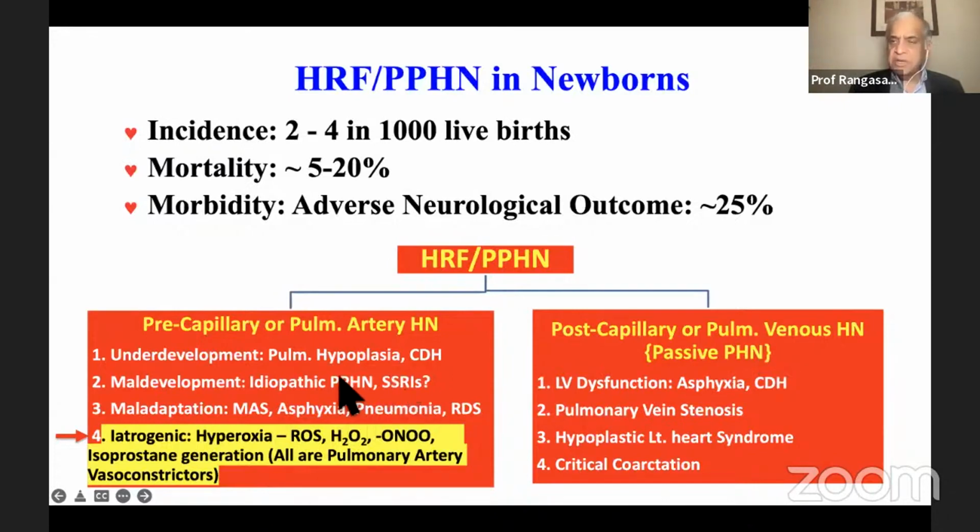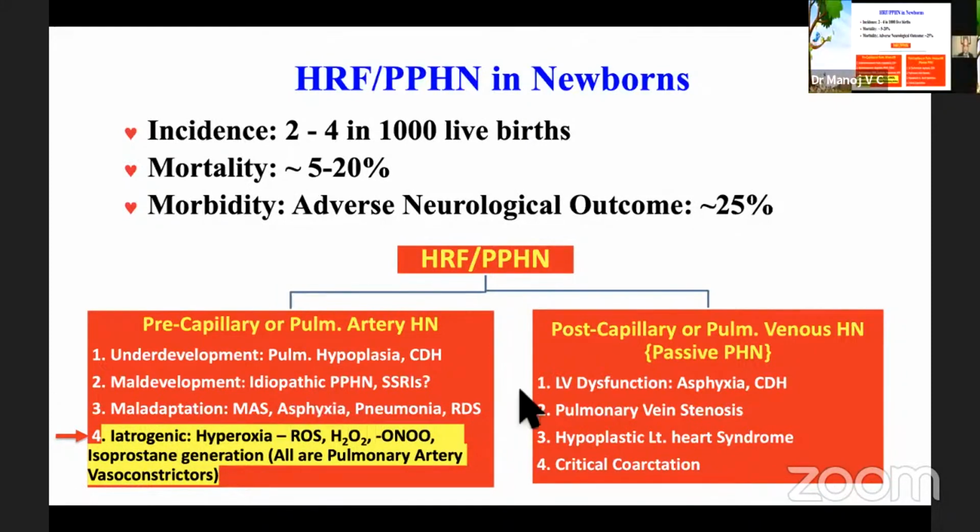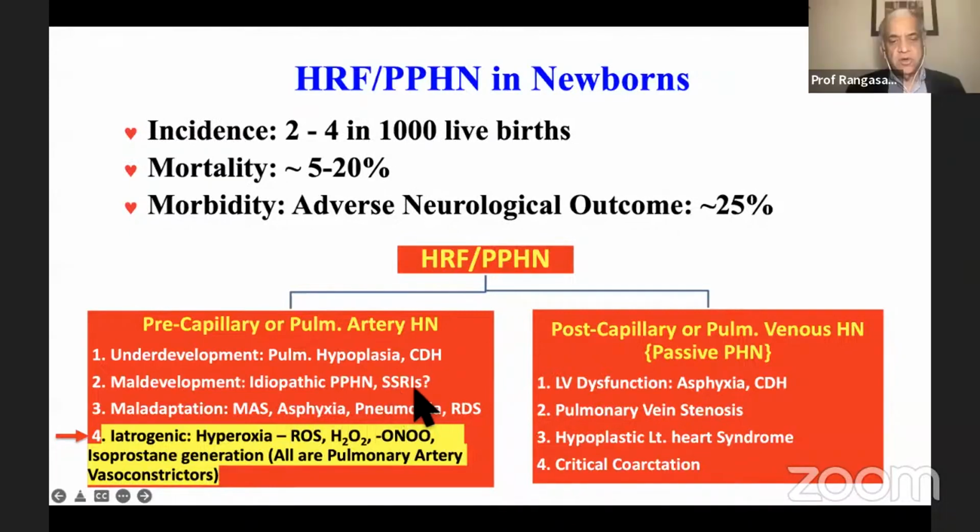Let's look at some of the common causes for pre-capillary pulmonary arterial hypertension. Underdevelopment, for example, oligohydramnios-induced pulmonary hypoplasia, or diaphragmatic hernia. Maldevelopment, like idiopathic PPHN, premature closure of the ductus. SSRIs, selective serotonin reuptake inhibitors.